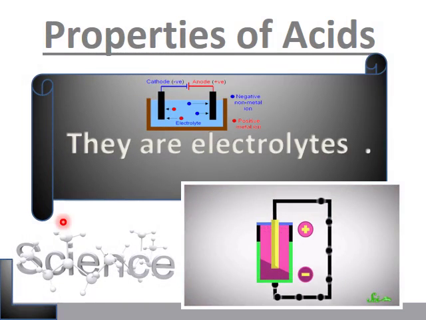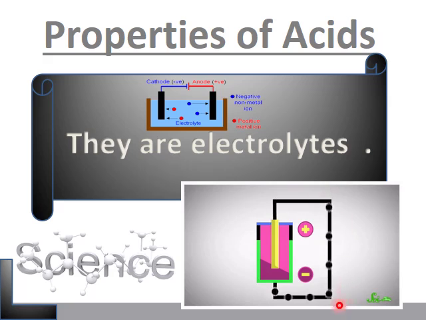So here you can see properties of acid. They are electrolytes, means electrolytes are solutions in which electricity can pass. Here is one more example: if the solution has acid, you can see the electrons flowing.